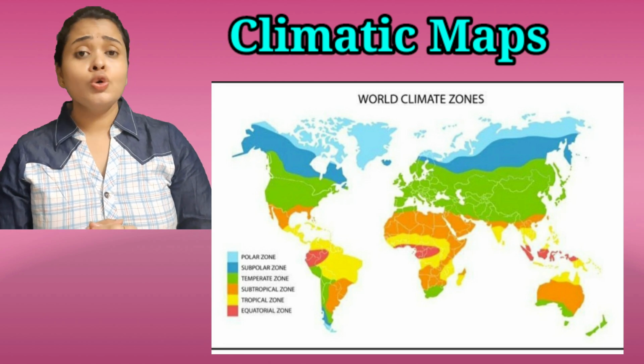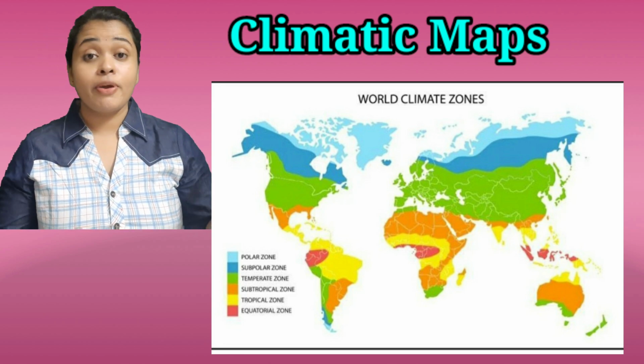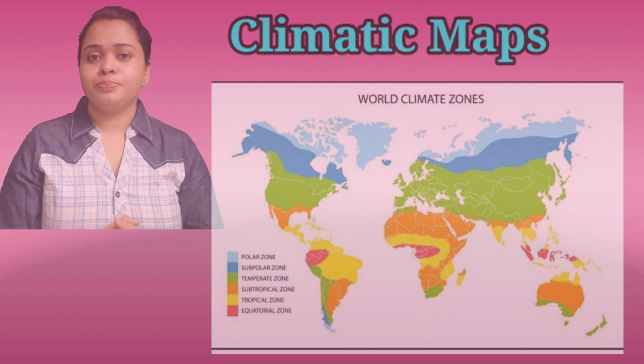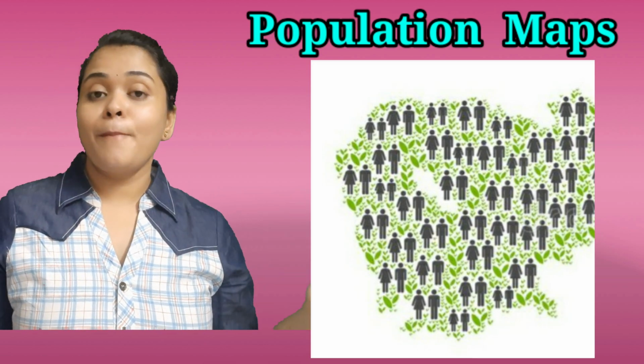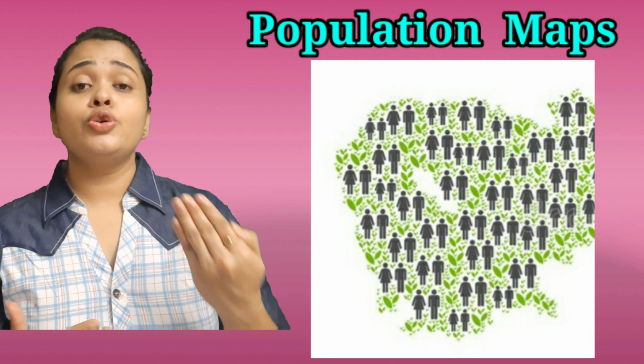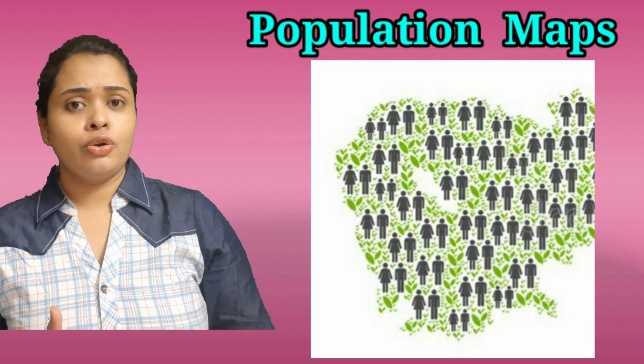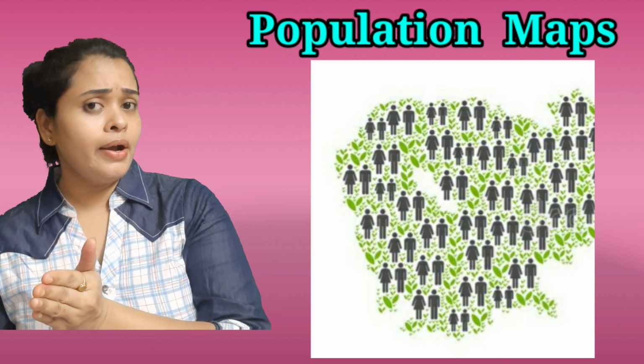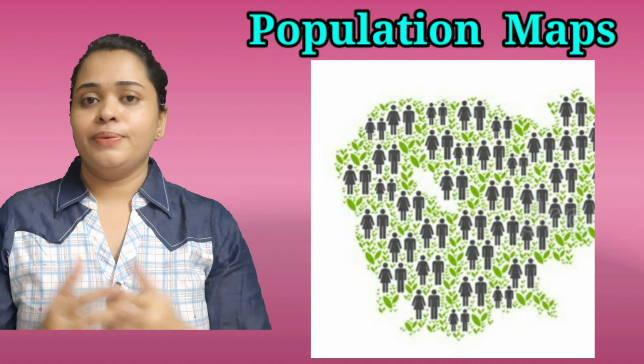These maps are used to know the weather conditions of a particular region. Population maps. These maps are used to know the population of any particular area or region. There are many other maps that show the routes, places, historical conditions, weather conditions, the geographical aspects, etc.